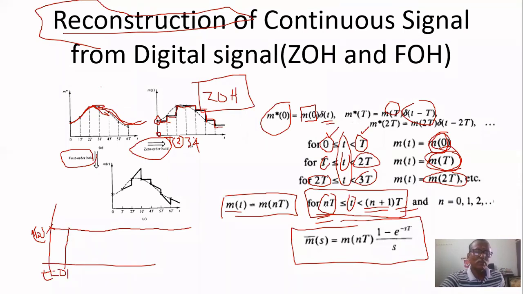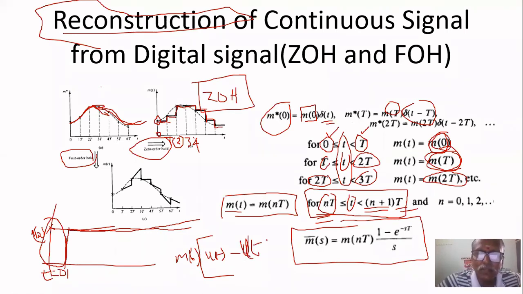So after that, if you subtract another step function, you will get this value for this duration. So what I can do is m of 0 multiplied by u of t, where u of t is the first step function, minus u of t minus tau, delayed by one sampling period.